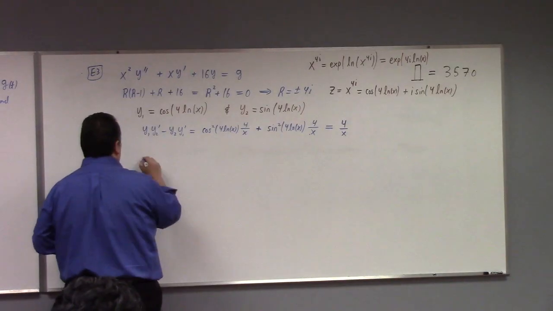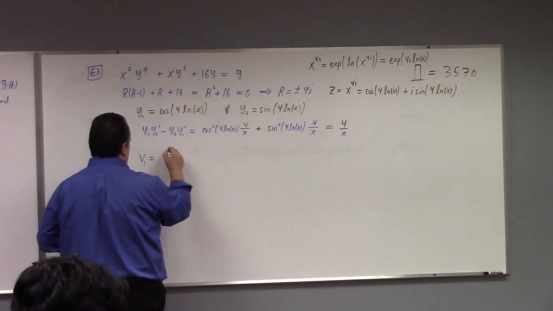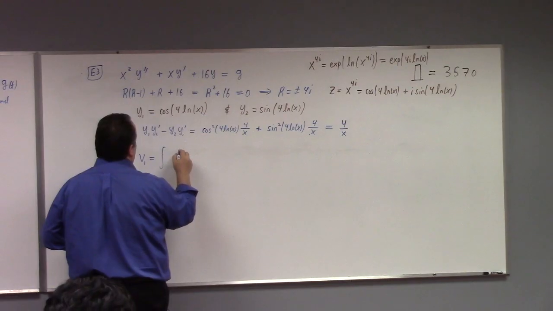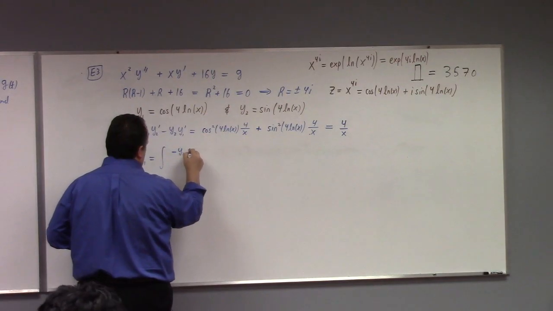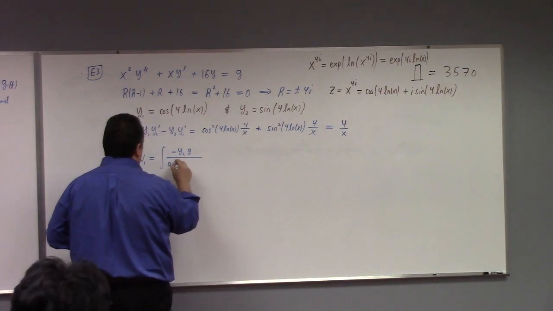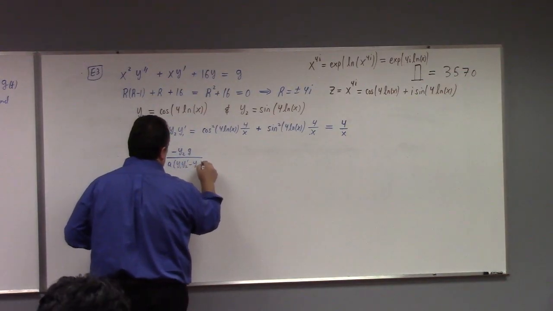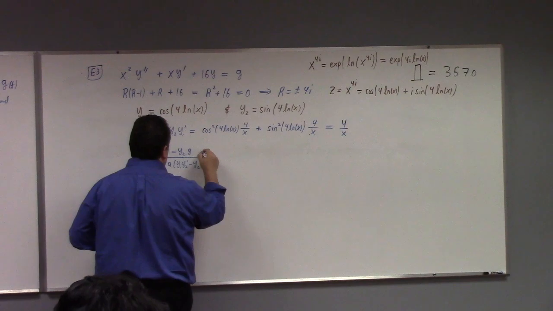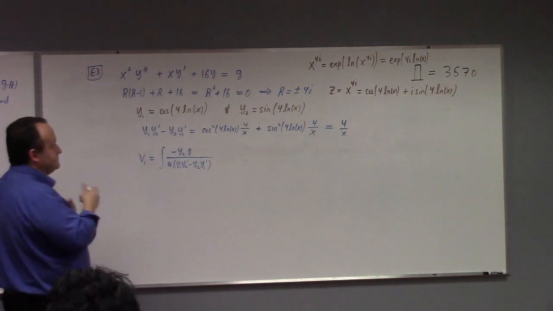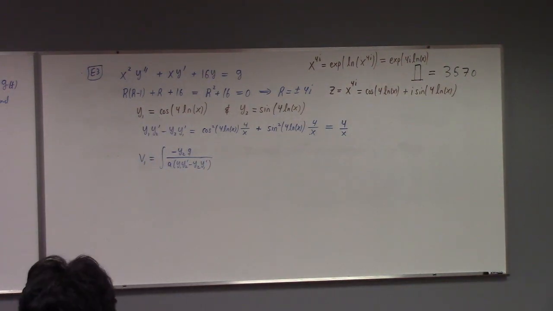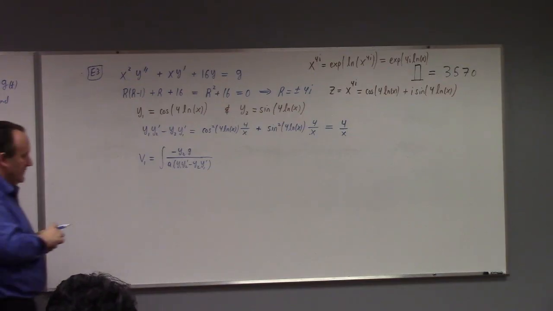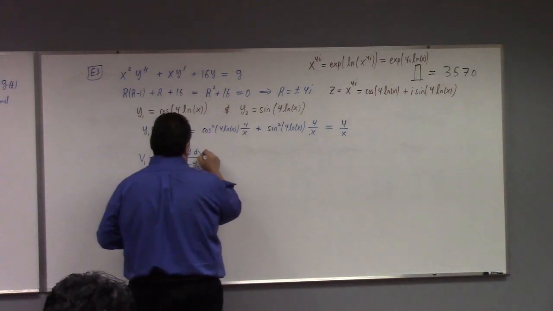So then, my v1 is the integral of minus y2 times g divided by a times y1 y2 prime minus y2 y1 prime. Right? In this case, dx or dt? dx this time, right? x is the independent variable in this example. All right, great.